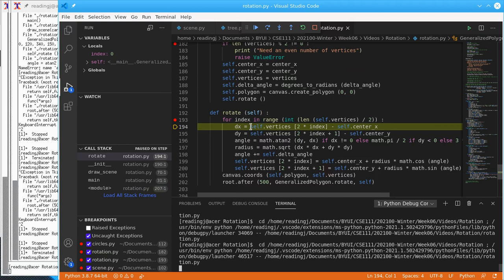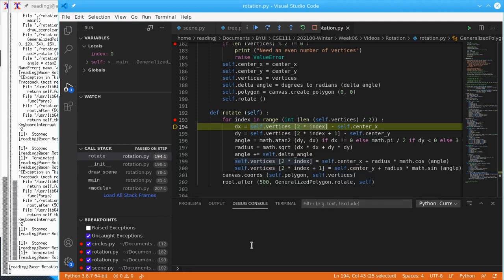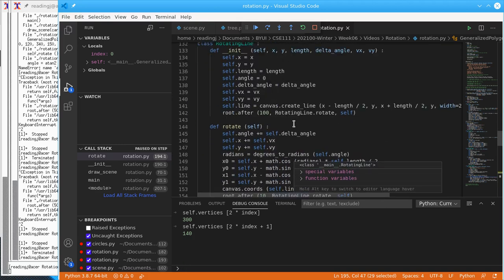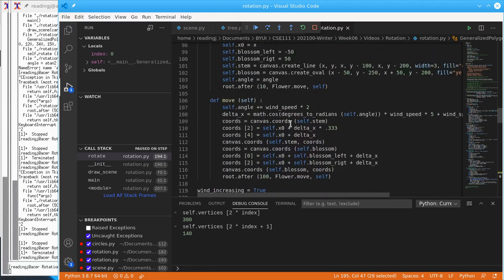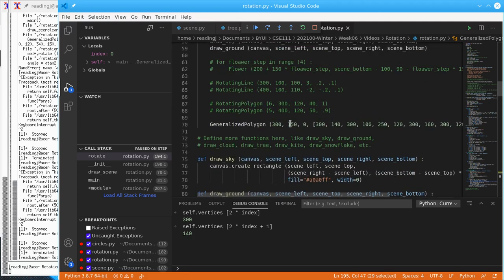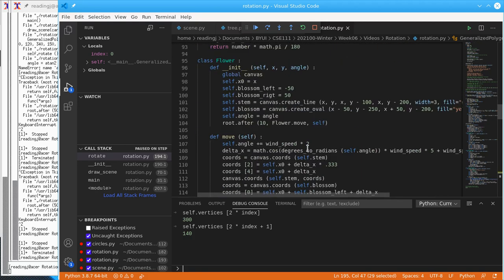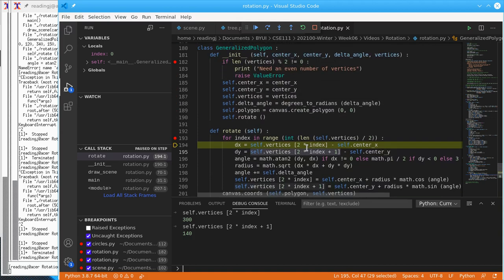So self.vertices, that is 300. Self.vertices, that is 140. I think that's what we put in up here. 300, 150. Oh, 300, 140 is right there. Yes. Okay. Now we can just look for a green line again.